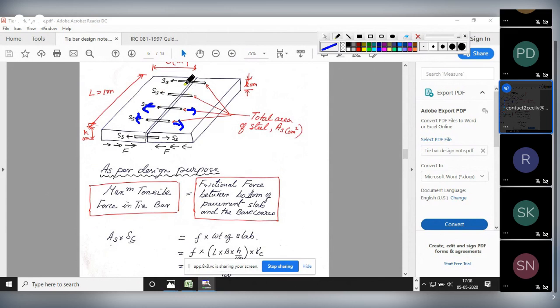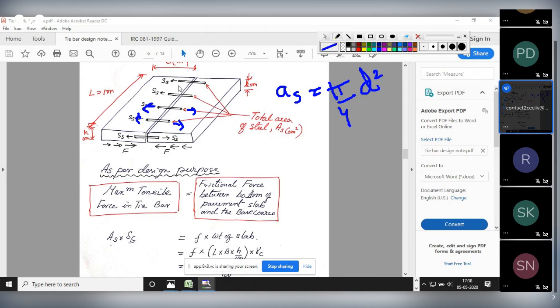Now what is the capital A_s? Suppose there are 1, 2, 3, 4, 5 tie bars. What will be the cross sectional area of each bar? Small a_s equals pi by 4 d square.